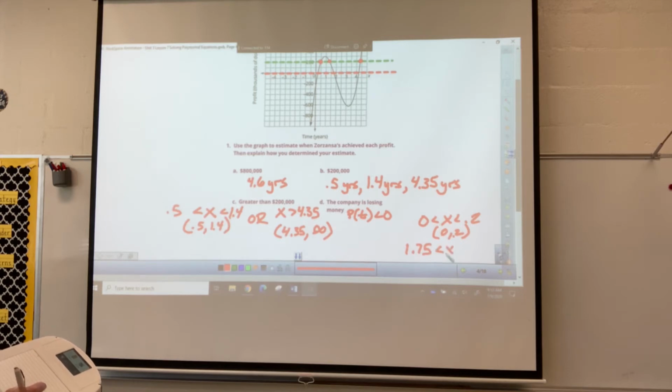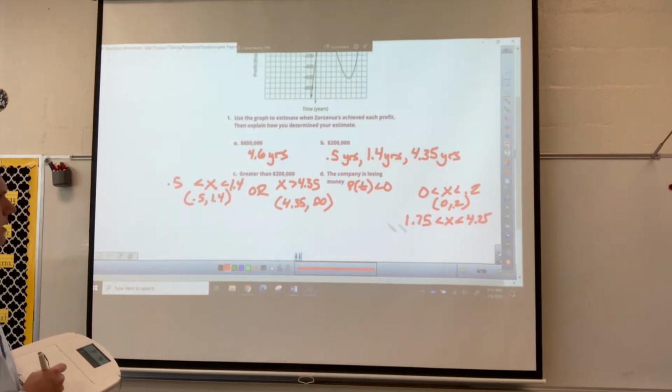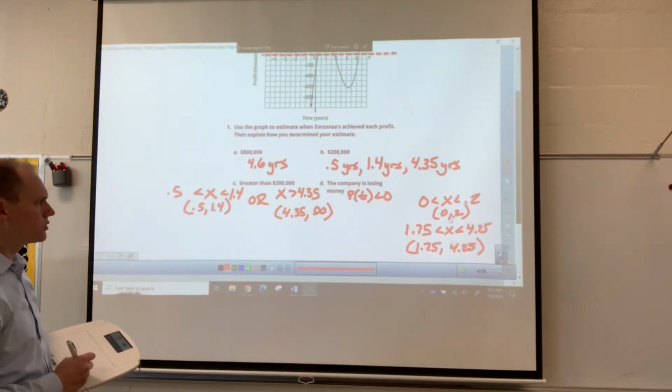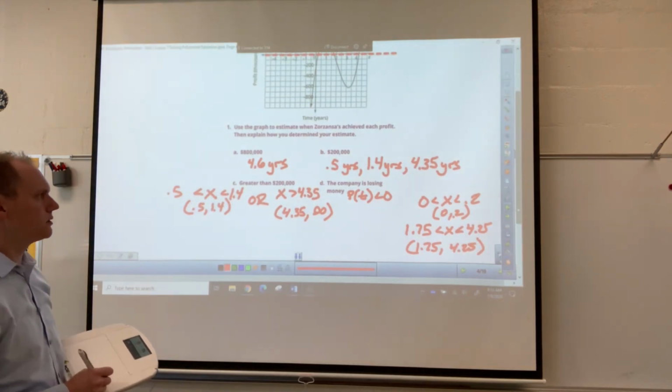Or you could, again, do that in interval notation: from 1.75 to 4.25. And of course, it'll be in this interval or in this interval.